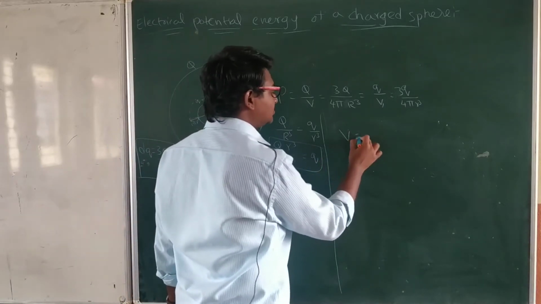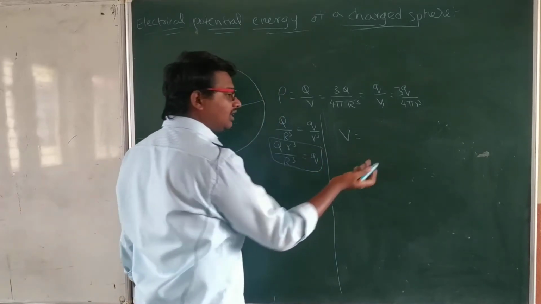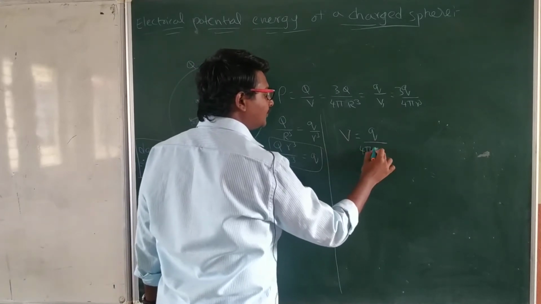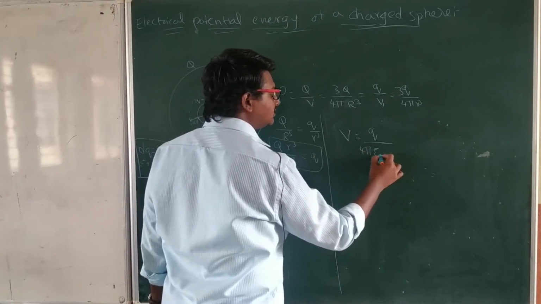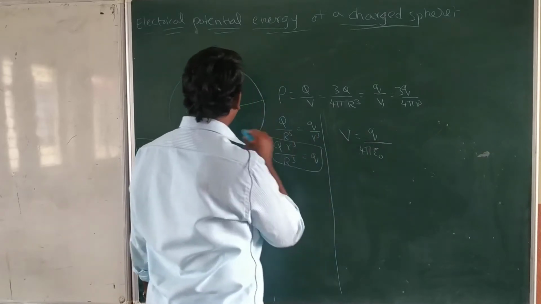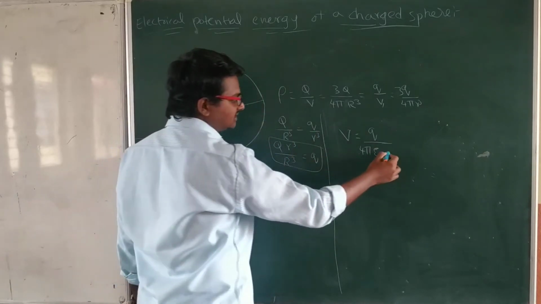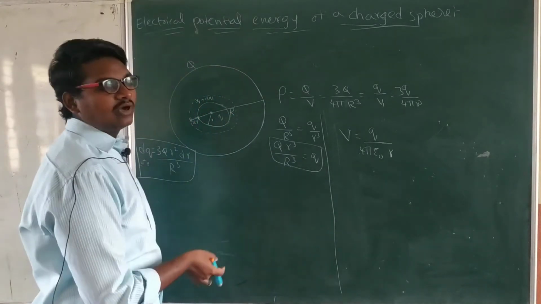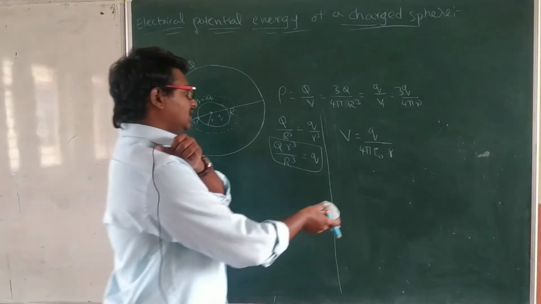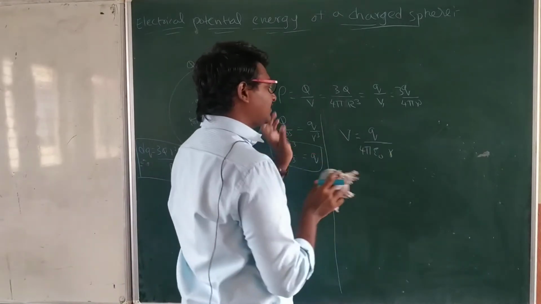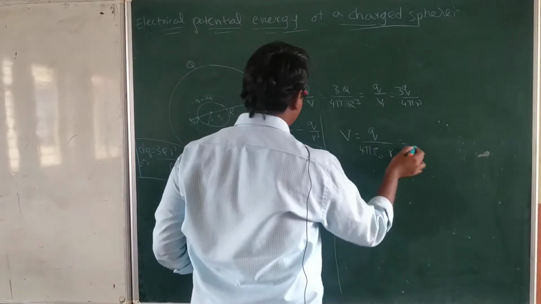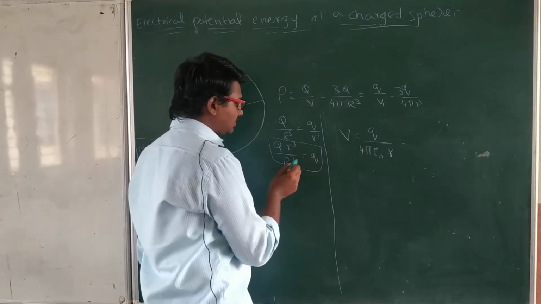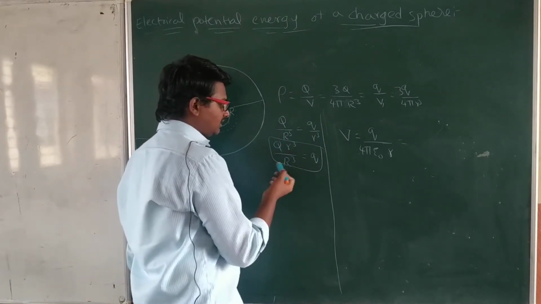V equals, we already know the potential formula, that is q by 4πε₀ into the distance, from the center to here, the distance is small r. We have to change this q into the form of capital Q. How can we change it? We have the relation here: q equals Q r³ by capital R³.